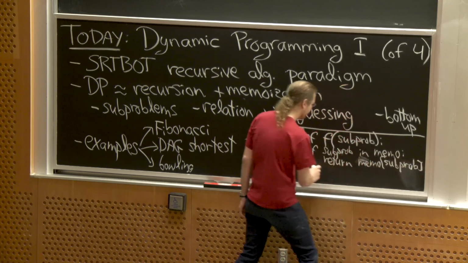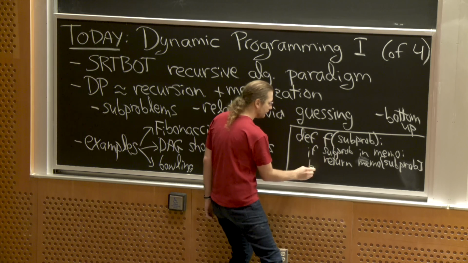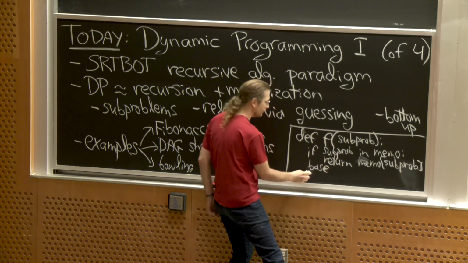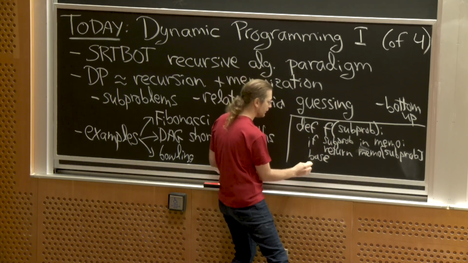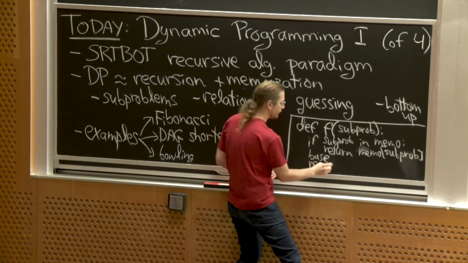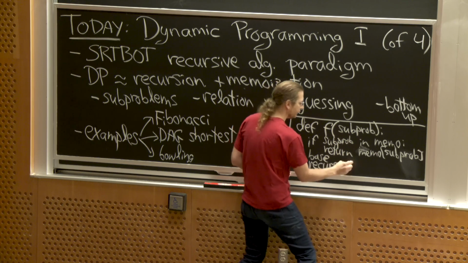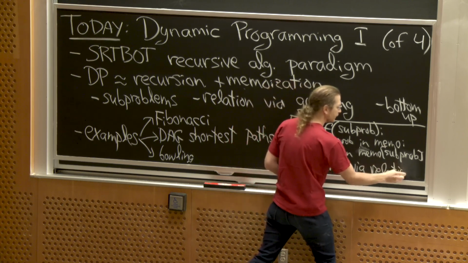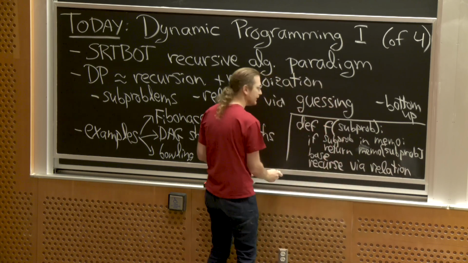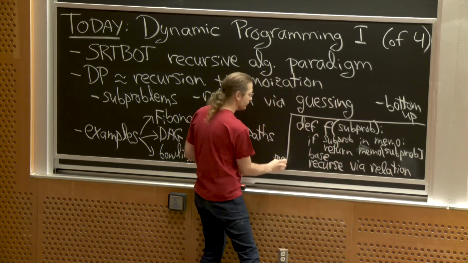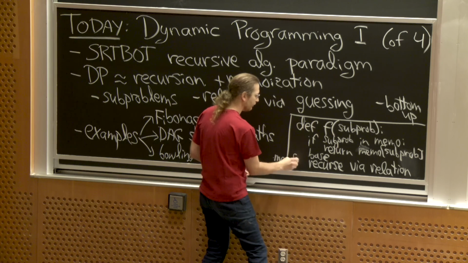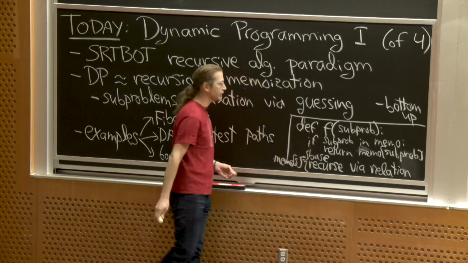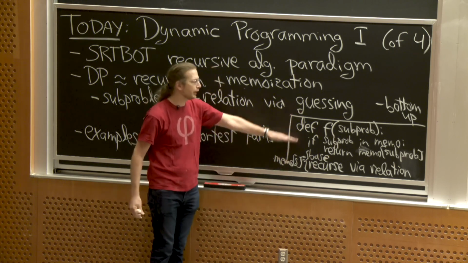And otherwise, check if it's a base case and solve it if it's a base case. And otherwise, write the recurrence relation, and set the memo table of the subproblem to be one of those things. Okay, so this is the generic dynamic program.